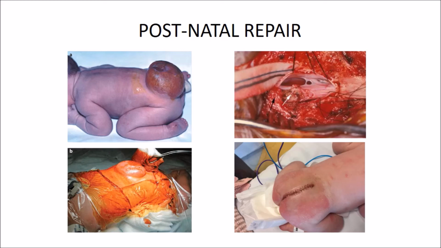So we open the skin in an elliptical incision, and then we take out the fluid and we try to save the neural tissue and then put it back into the neural canal and close in multiple layers, so that there will be no bulge or sac-like structure after the repair, and there will be no CSF leak, because a CSF leak can delay the wound healing or let it burst out again, and there will be meningitis if there is a CSF leak.